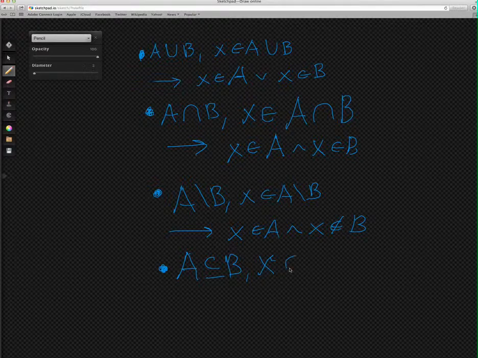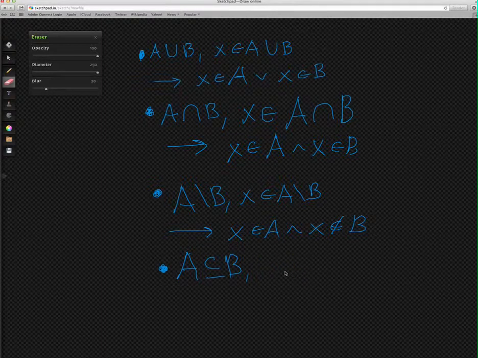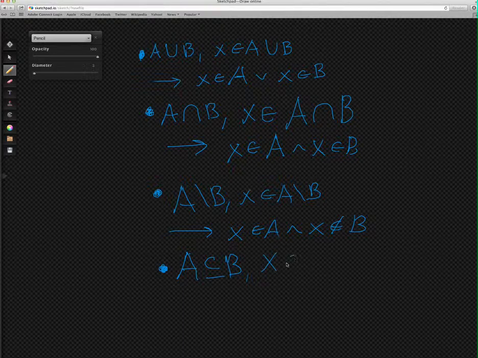So if X is an element of... Wow, I did it wrong again. So if X is an element... Wait.